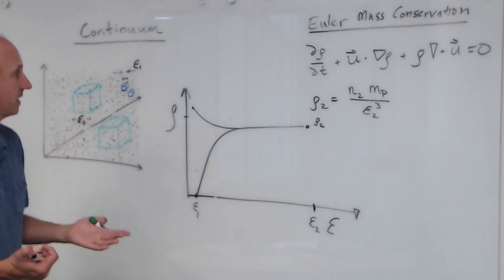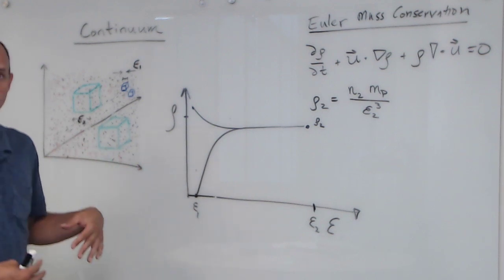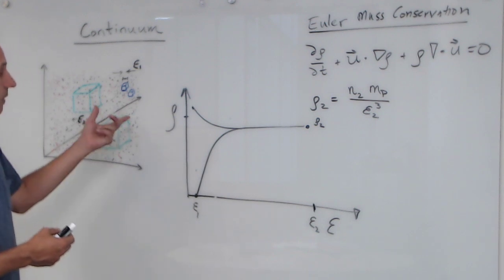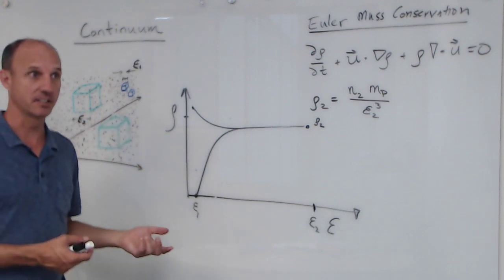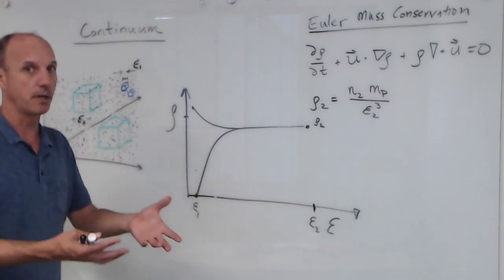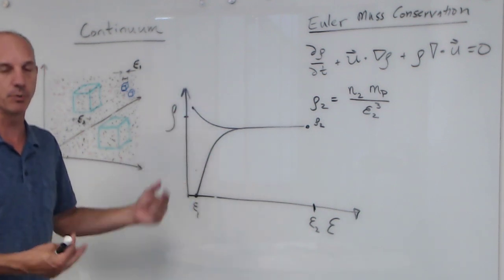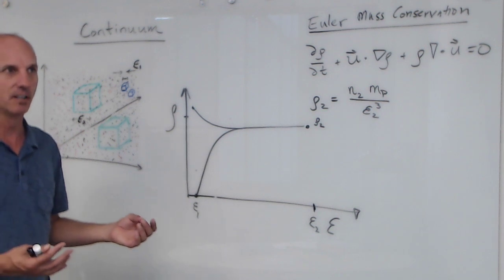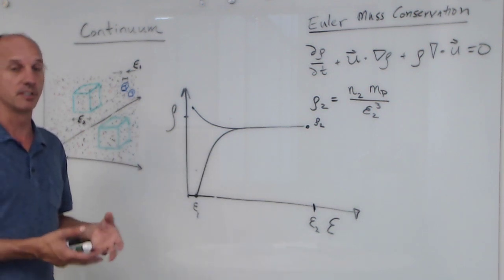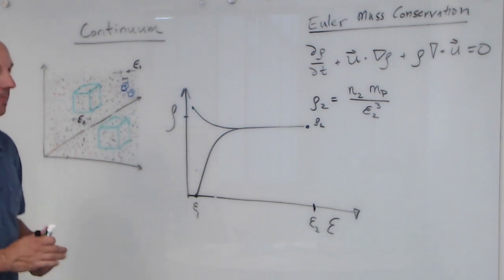How do we define density as mass over volume? If the volume's too small, then we don't have any particles in our box. There's no mass inside our box. We have no density. But if we move the box a little bit, all of a sudden mass shows up. We can't have a situation like that where the existence of important fluid properties depends on where we put our box.